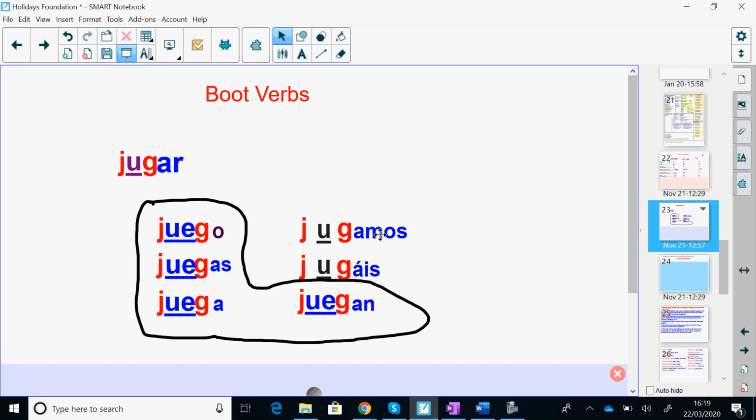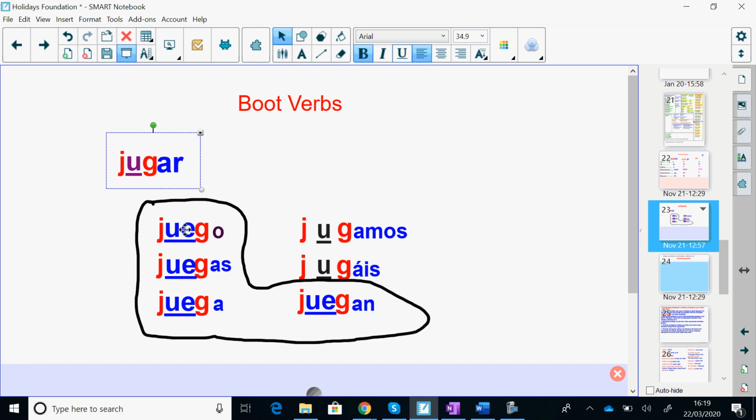Those are the we and the you plural. Those ones keep the U. And that's why I call it boot verbs. There are not many in Spanish, there are few, but jugar is a very cool and common verb. And that's why the infinitive is jugar, but the I person, juego. Okay, inside the boot. That's what it means.